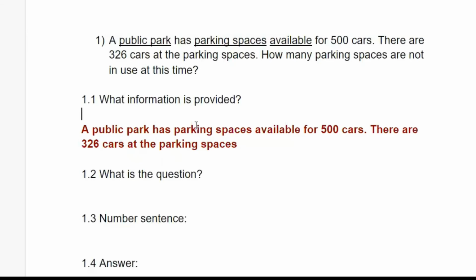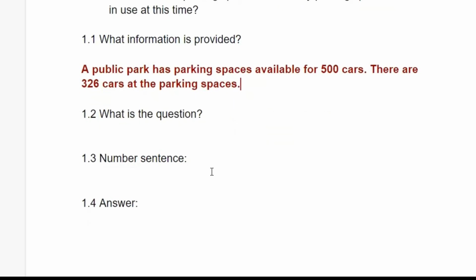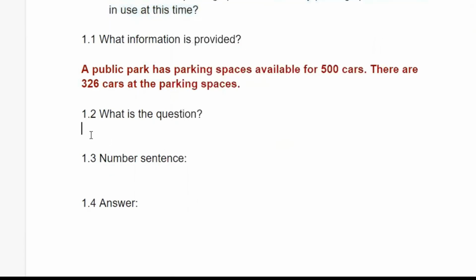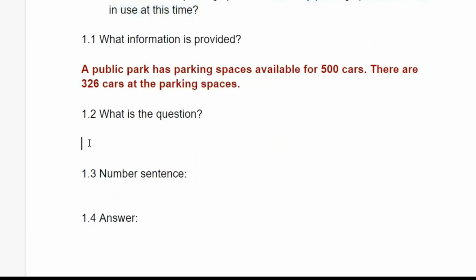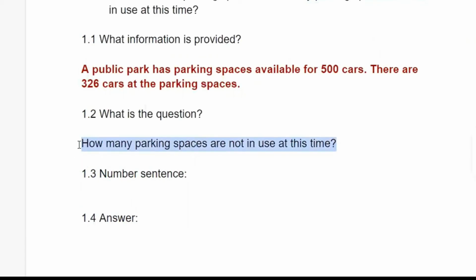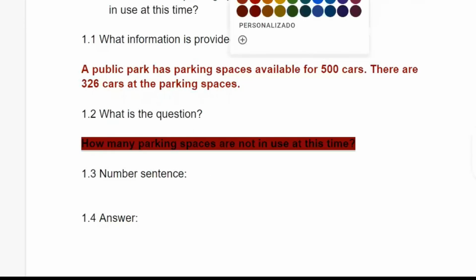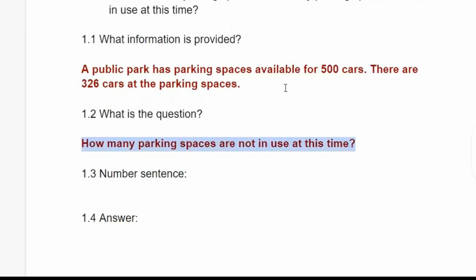We know that there is a public park with parking spaces available for 500 cars, but there are just 326 cars at the parking spaces now. Okay, now what is the question? Here is the question: how many parking spaces are not in use at this time? So you can write here the question, okay? This red color, you have to write in your book.